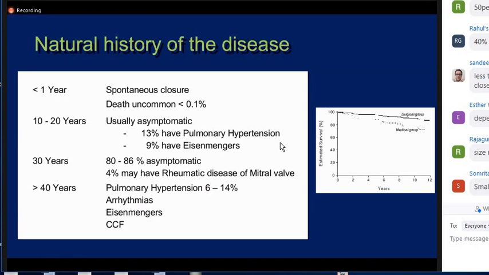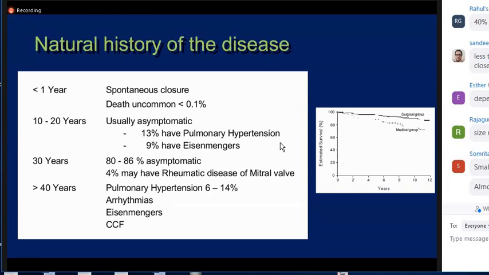So let us draw conclusions. If a child has a 6 millimeter ASD, you cannot decide whether it will close or not in less than 3 years of age. Whereas primum ASD and sinus venosus ASD will never close, so you can outrightly tell that these ASDs will never close.